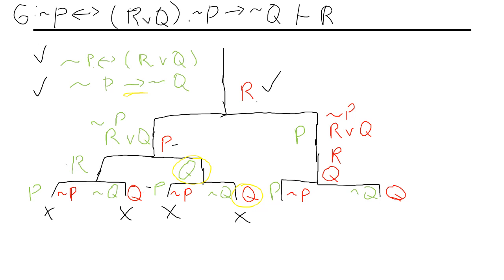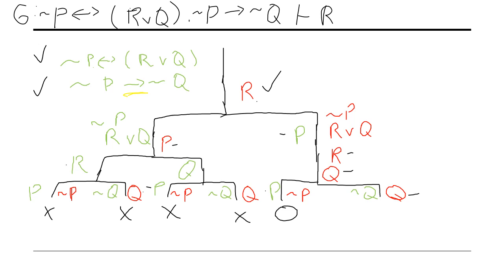I've got a P on the left, Q on the right, R on the right, P on the left. Not seeing anything that's closing off. I got a P on the left, Q on the right, R on the right, P on the left again, R on the right again. So, oops, that was just supposed to be a circle. So that one is open.